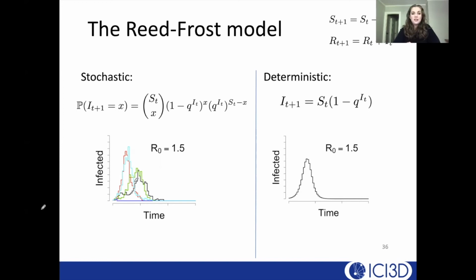So we're seeing these different trajectories, even though they're based on the same expected R naught equals 1.5. And this figure was produced by a tutorial that you can access on the ICI3D R tutorials collection for chain binomial models.